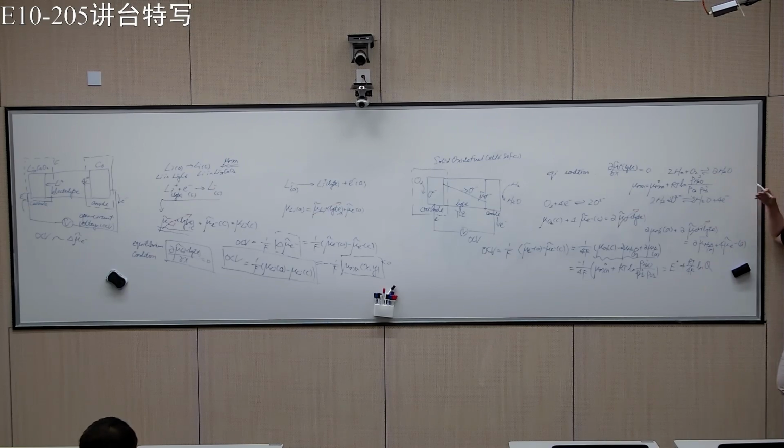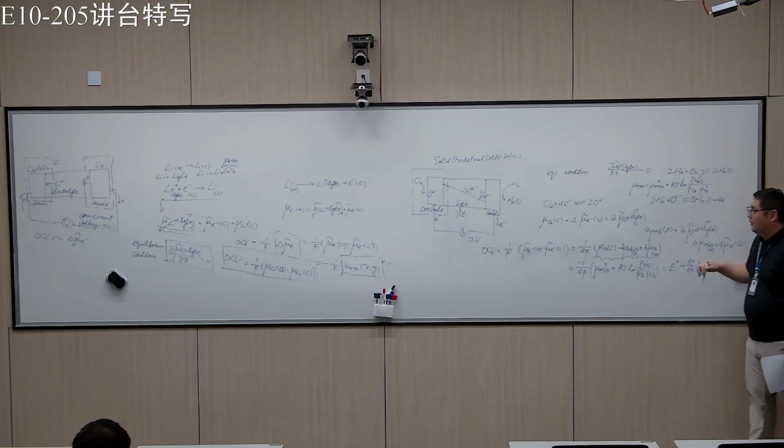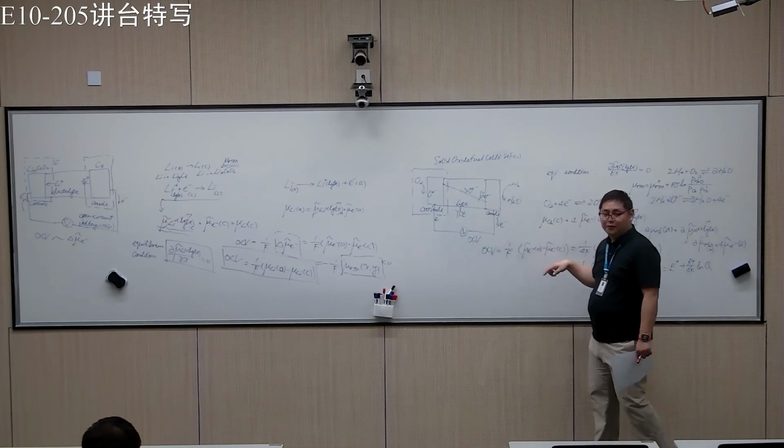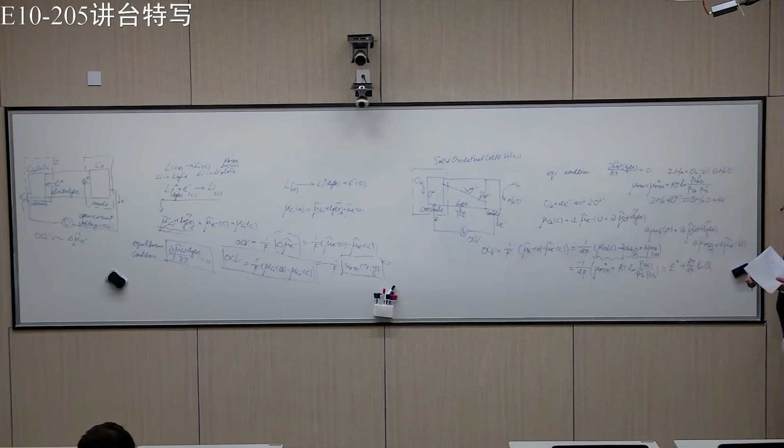Once we go away from the OCV, once we start to have the current, then the oxygen ions are going to flow, which means that the electrochemical potential of oxygen ions won't be the same everywhere. Okay, I guess that's pretty much what I want to say in this lecture. So starting from the next one, we're going to talk about the microscopic picture of the ion transport.